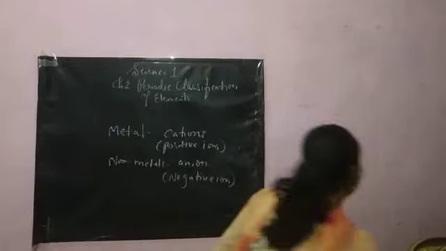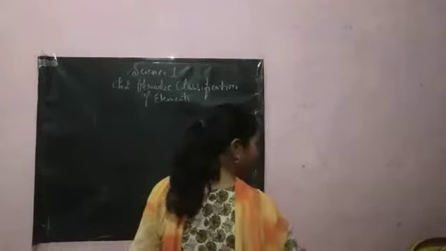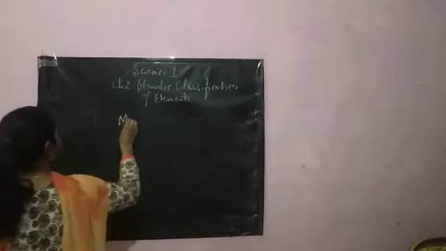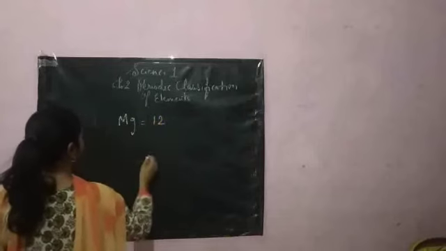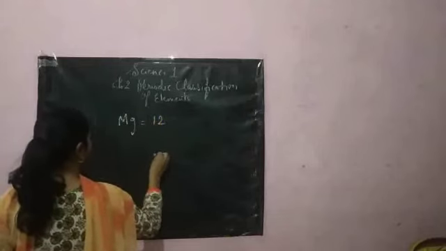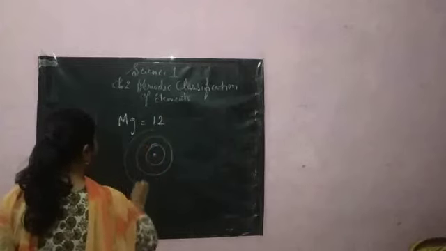See, I'll give you one example. Now magnesium. We will take the example of magnesium. Magnesium is a metal. Its atomic number is 12. This is the nucleus of magnesium. This is the first shell, second shell, third shell.